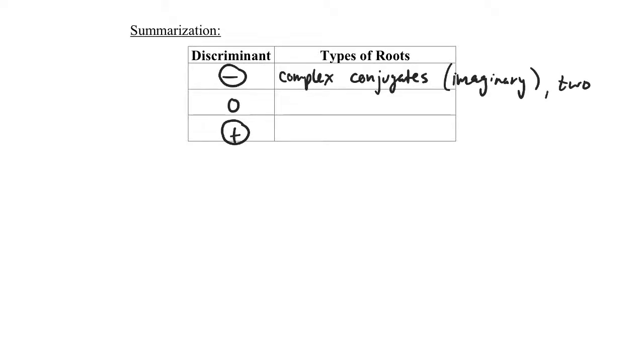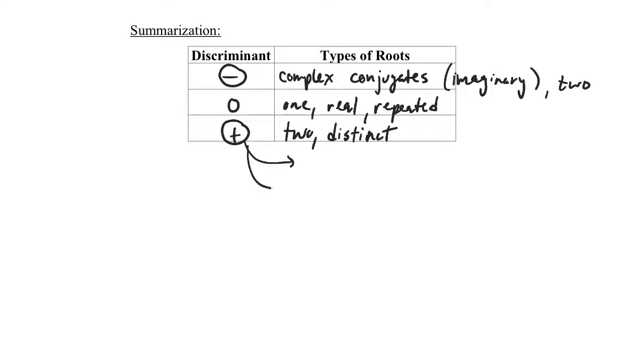In the case that it's 0, we get 1 real repeated root. And in the case that it's positive, we've seen that we're getting 2 distinct, different roots.